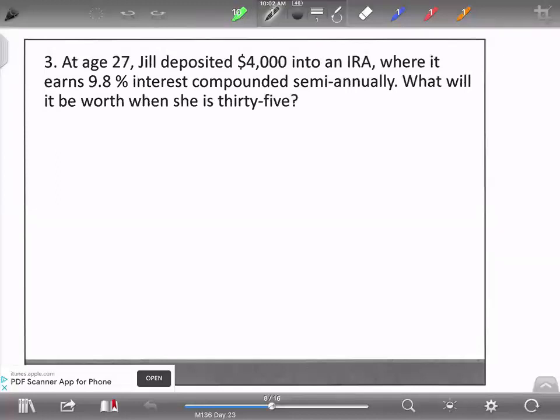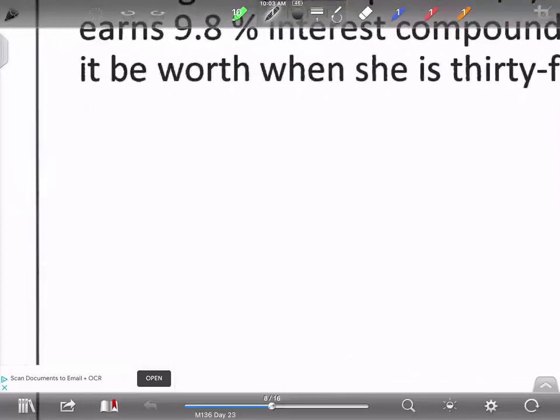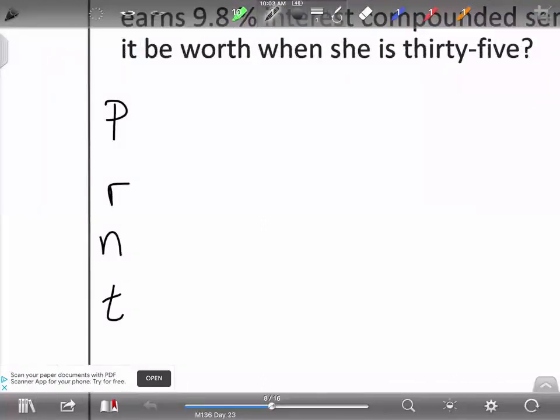So for question number 3, at age 27, Jill deposited $4,000 into an IRA, an individual retirement account, where it earns 9.8% interest compounded semi-annually. What will this be worth when she is 35? So we're going to start out with those same 4 pieces of information: P, R, N, and T. P is the principal, the initial amount that Jill is investing, so $4,000.